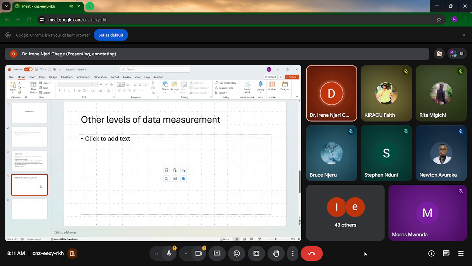So we said we can also have other ways of classifying our data. We said it was nominal, and I gave you the examples. Nominal data is used to label; it's one of the lowest forms of collecting or labeling your data.